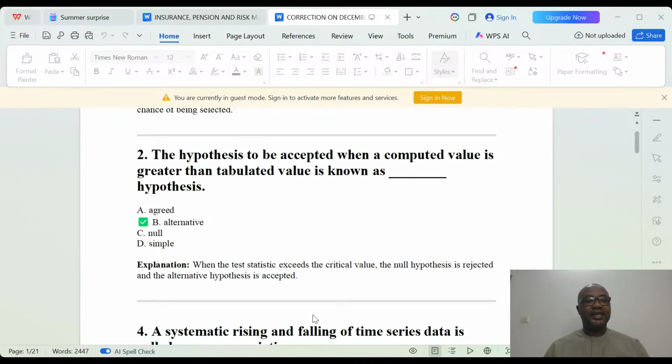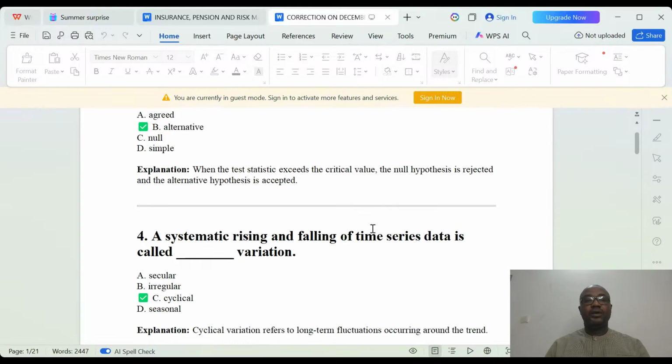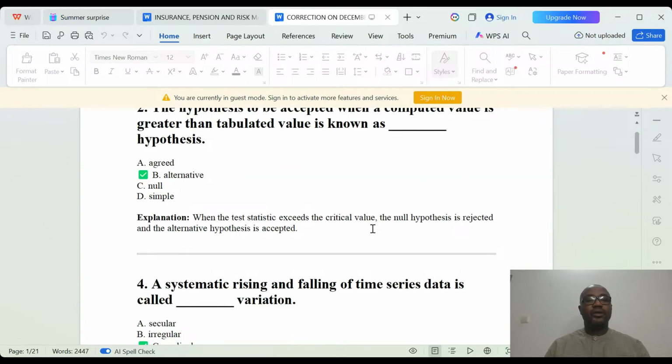The reason is simply that when the test statistic exceeds the critical value, then the null hypothesis is rejected, and the alternative hypothesis is then accepted. So that is what happens there.